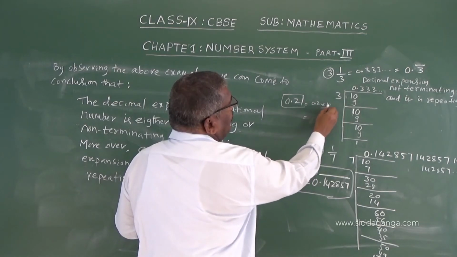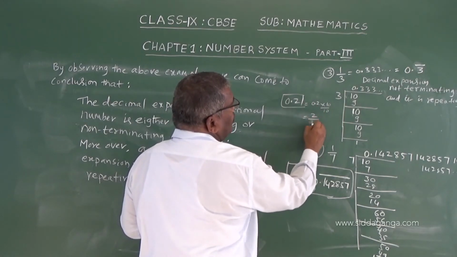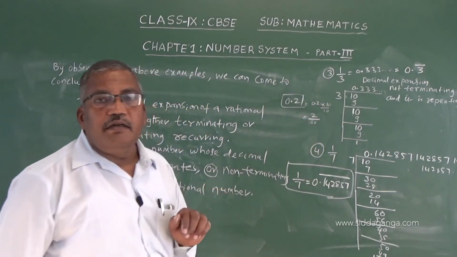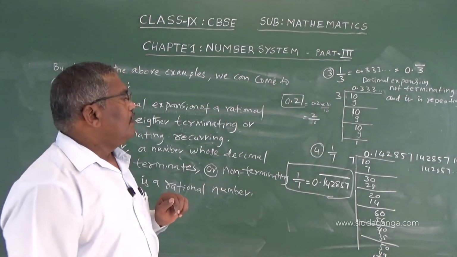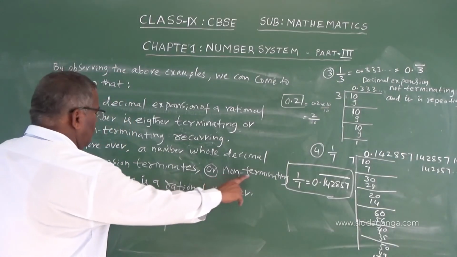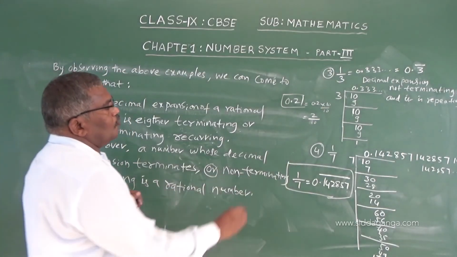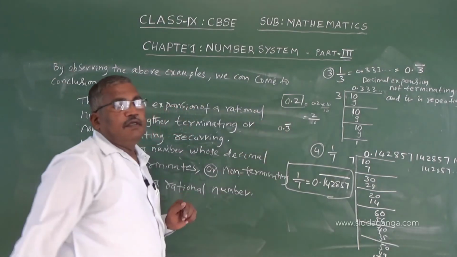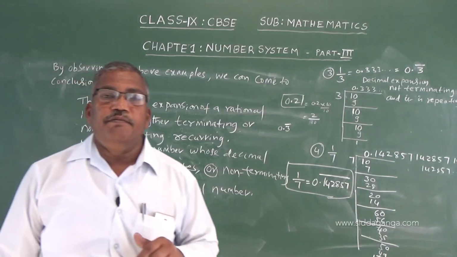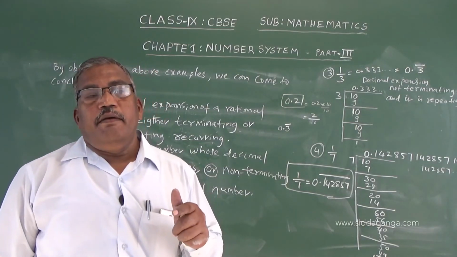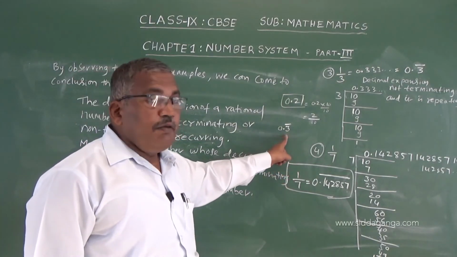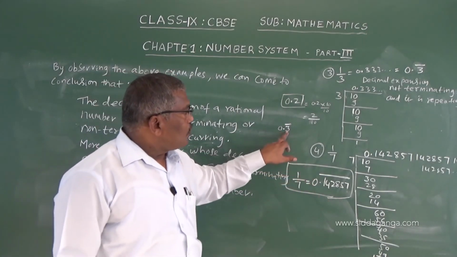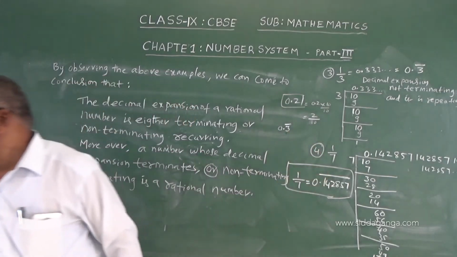We get 0.2 into 10 is 2, 2 divided by 10. So this is of the form P by Q. 2 by 10 and 0.2 are the same. And for non-terminating repeating, suppose you have 0.3 bar, this can also be represented in the form of P by Q, which we are going to study in detail. Therefore, it is also a rational number.